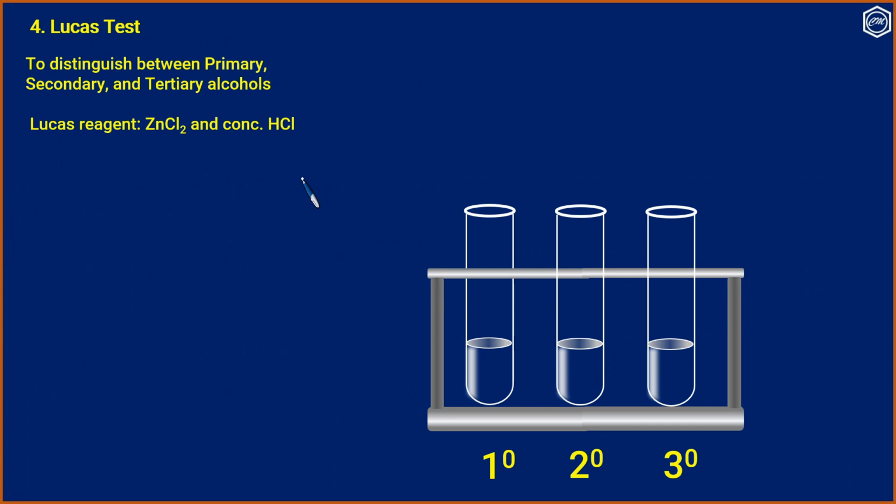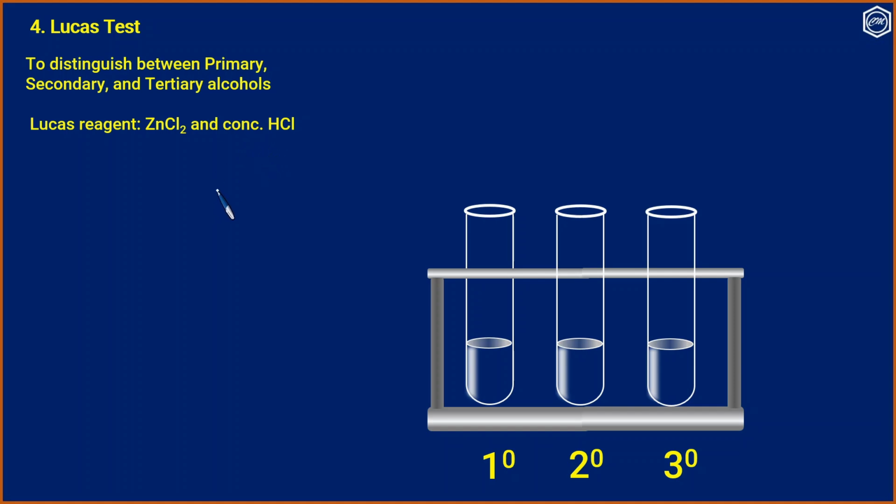Another test for alcohols is the Lucas test. Lucas test is mainly used to distinguish between primary, secondary, and tertiary alcohols. Lucas reagent contains zinc chloride and concentrated HCl. The reagent reacts with primary, secondary, and tertiary alcohols at different rates.